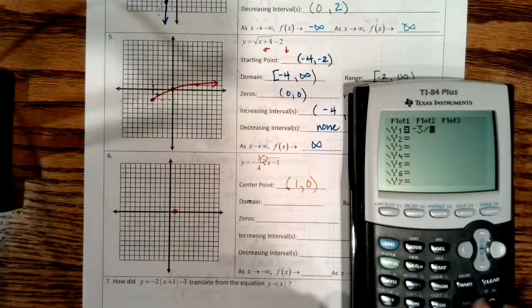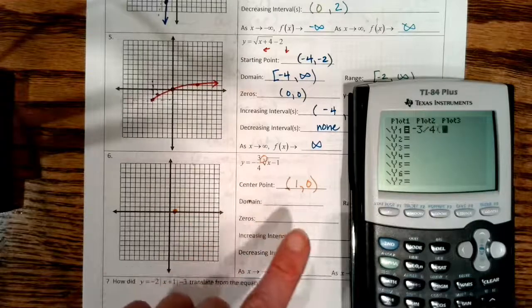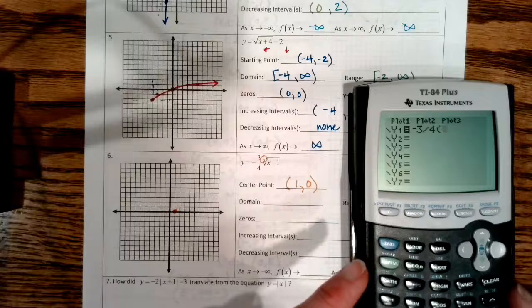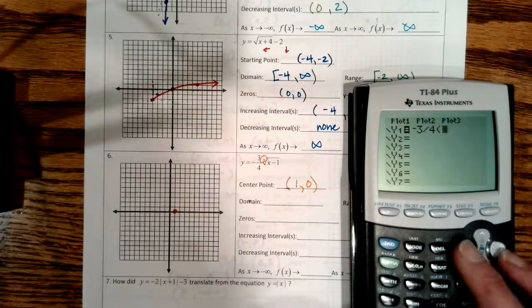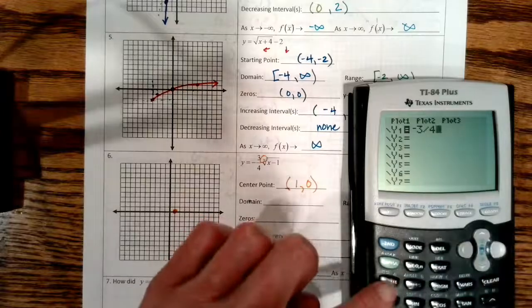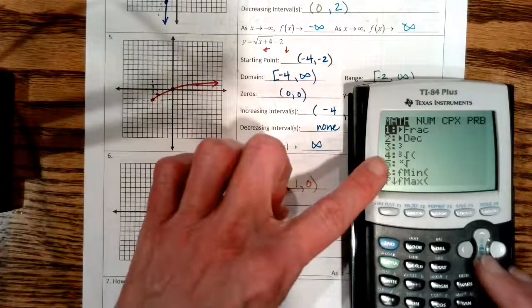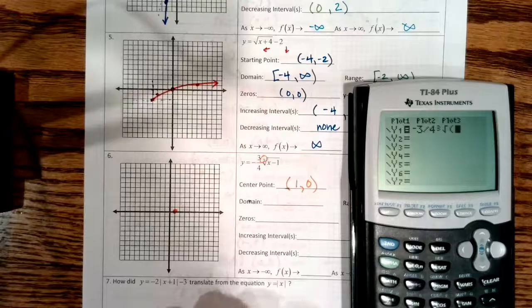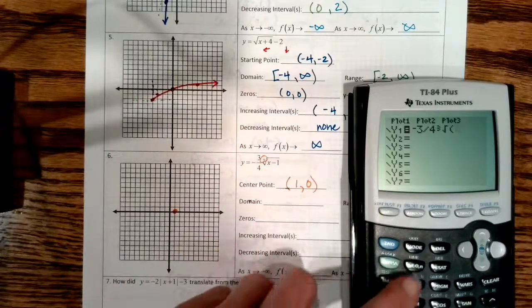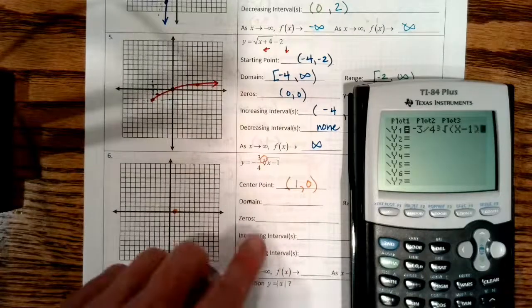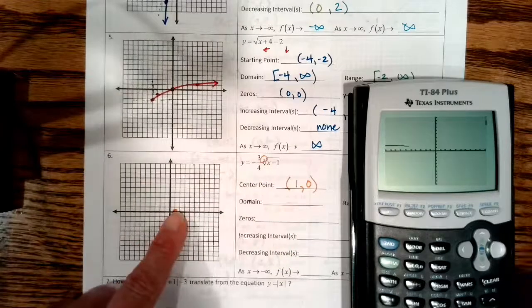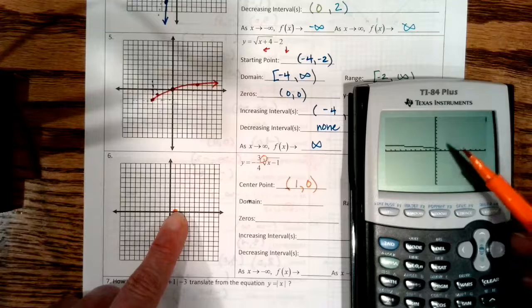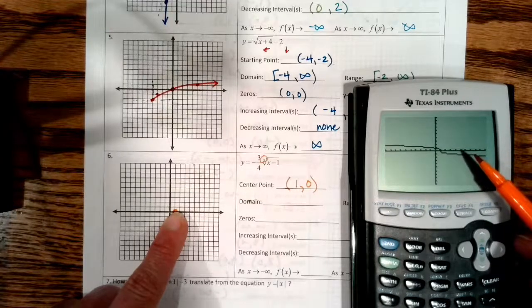So I'm going to go to my table or to my graph and enter in this equation, the opposite of 3 divided by 4 times, and I have to go get my cube root function. So I'll go ahead and go to math, and I'll come over to choice 4. There's my cube root of x minus 1, close my parentheses. I can take a look at the equation, and I can see there it is going through my center point.